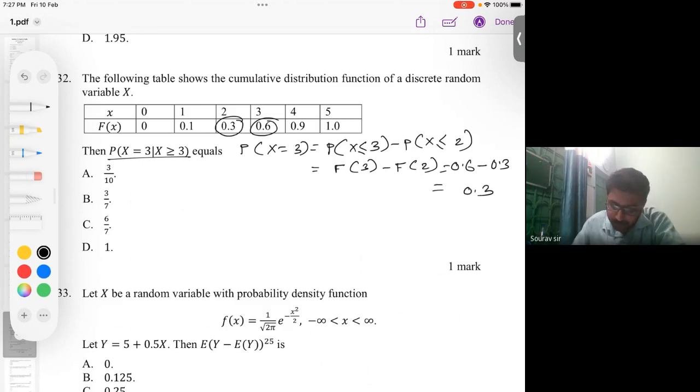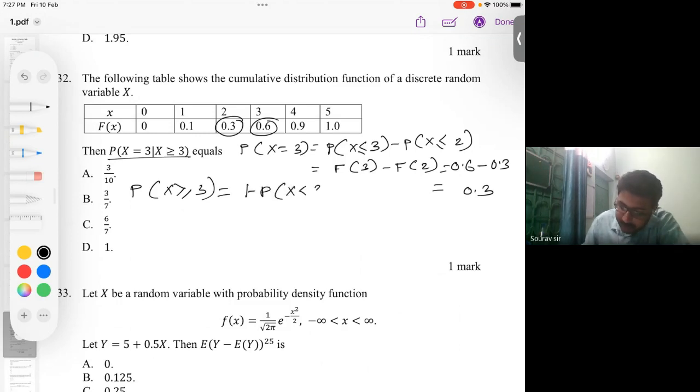Now we have to find P of x greater than or equal to 3. We can write this in this way also: P of x greater than or equal to 3 is equal to 1 minus P of x less than 3. So we'll again put the value here.